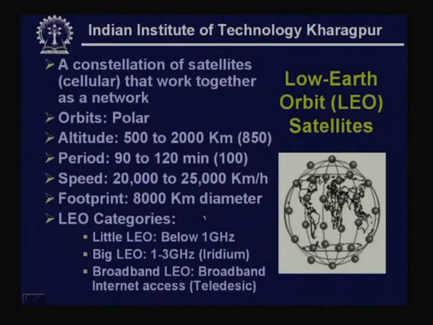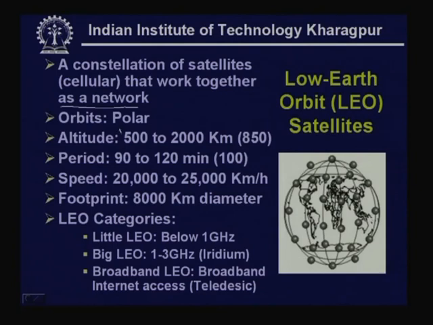Now, let us consider the low Earth orbit satellites. There are several examples. Essentially, a single satellite is not used. A constellation of satellites, very similar to a cellular telephone network, are used that work together as a network. So, not a single satellite, but a number of satellites are used in the low Earth orbit to form a network.